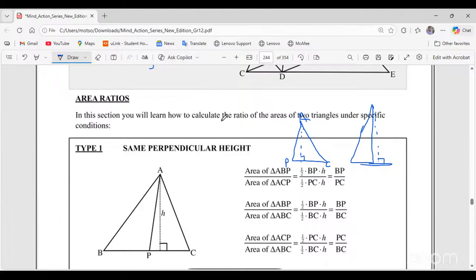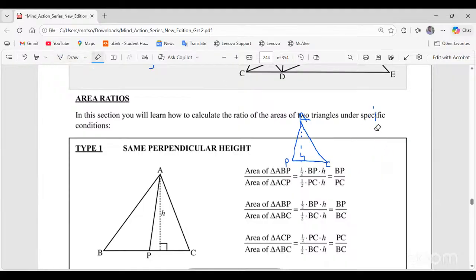we still can go for that formula that says the area of that triangle is equal to half times base times height. Now let's have a look at the formulas that they gave us. The first formula is the ratio of the area of triangle ABP over the area of triangle ACP.